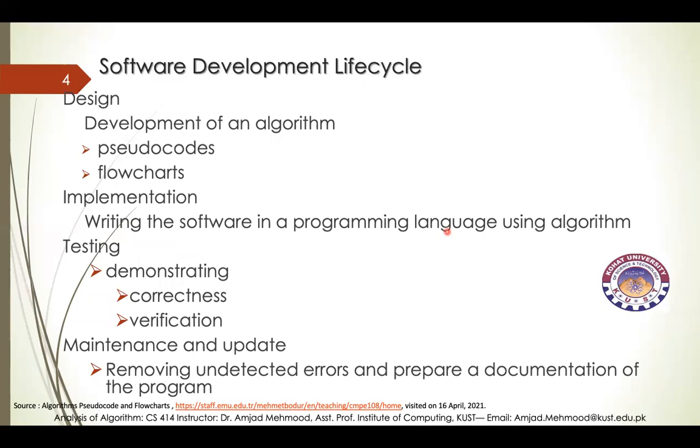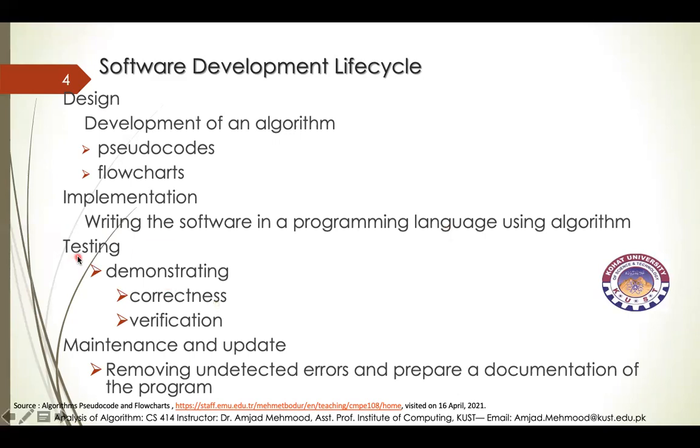You will be implementing that algorithm. So you can call algorithm is independent of a language. Like you have studied Java and C++, so they are syntax based languages, but for the algorithm there is no language. This is independent of a language.